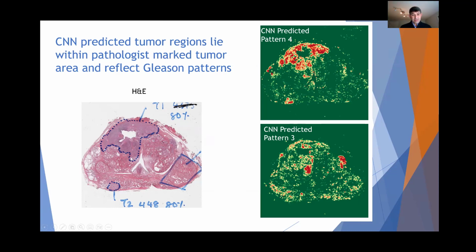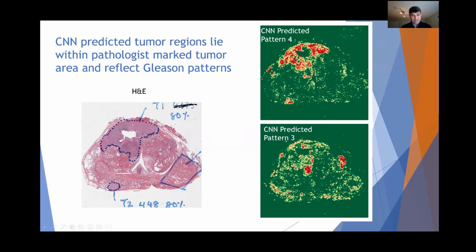So if you look at this top T1 lesion, you can see up here that it's predominated by red pixels in the grade pattern 4 heat map, and less red pixels in the grade pattern 3 heat map, which is indicative that there's more grade pattern 4 than grade pattern 3 in this T1 lesion, which is consistent with what the pathologist had scored.